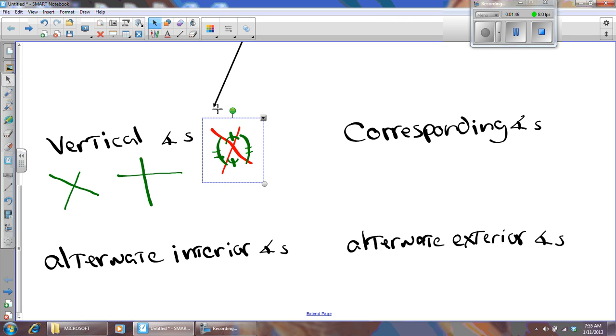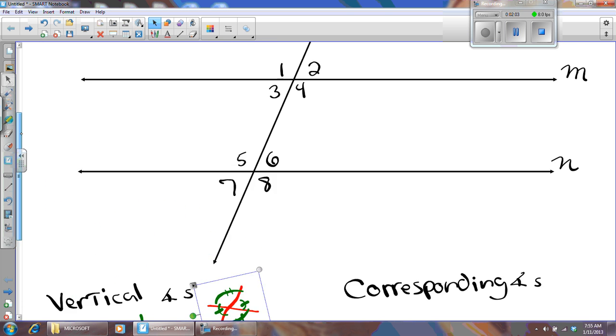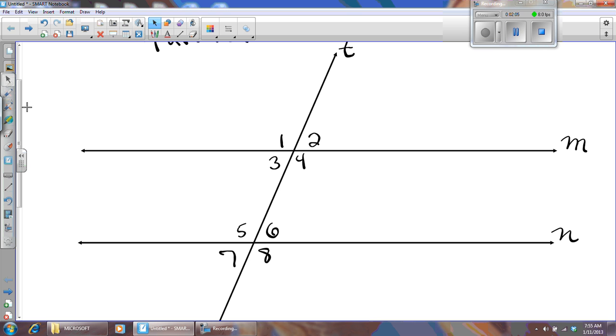Control G, there we go. So the X can be oriented all different ways, and those angles stay congruent no matter what. Now on the X, this looks like an X, that looks like an X. It's not such a big deal. But some of the other ones have letters that will look actually different, but that's okay.